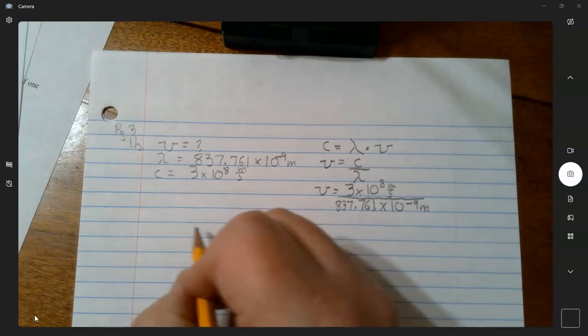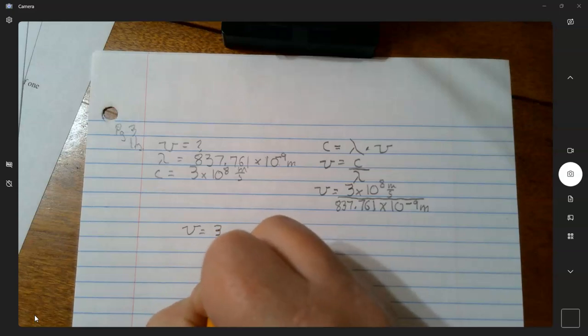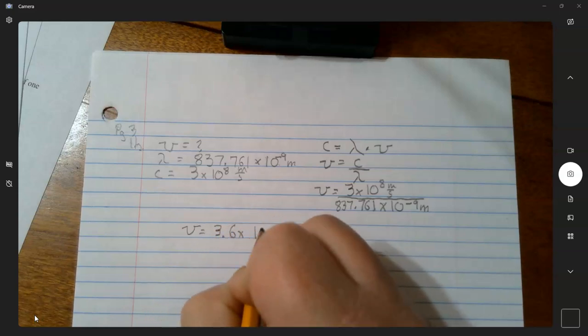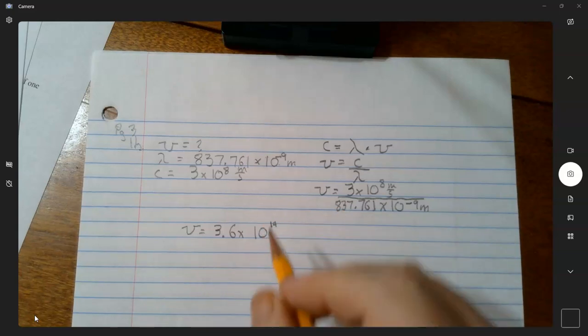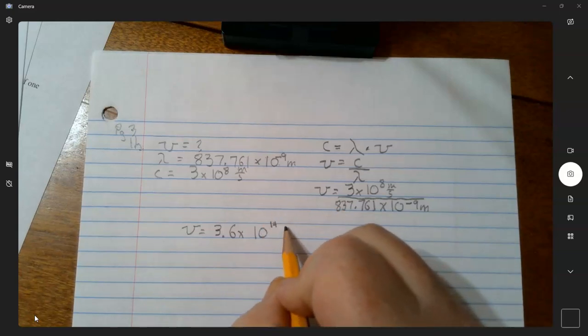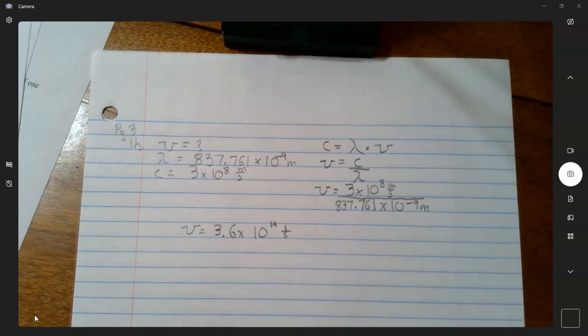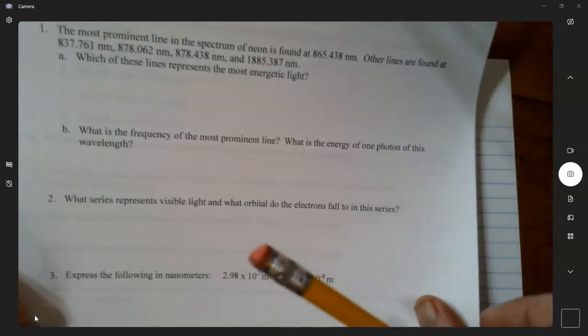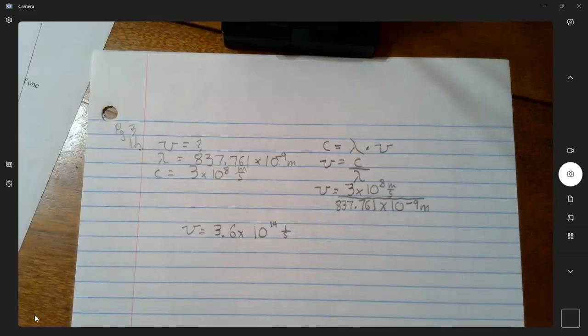Okay, and we get the frequency is 3.6 times 10 to the 14th. That frequency is pretty typical for visible light, and that's 1/seconds or hertz. Okay, so that's the frequency. All right, next question is asking us the energy in a photon of light. So you come on down here.